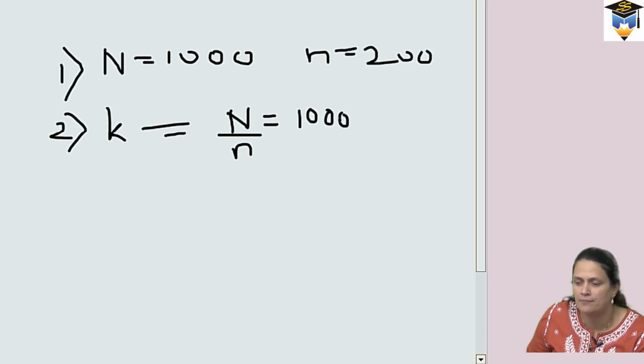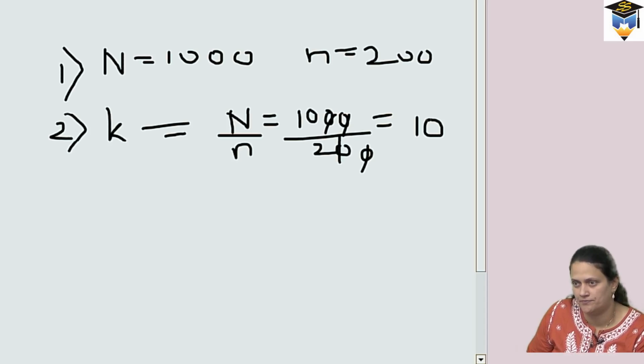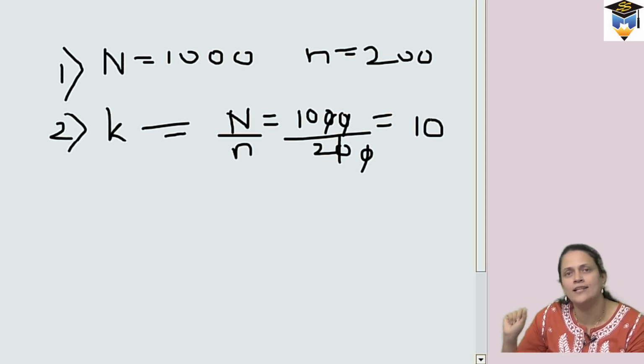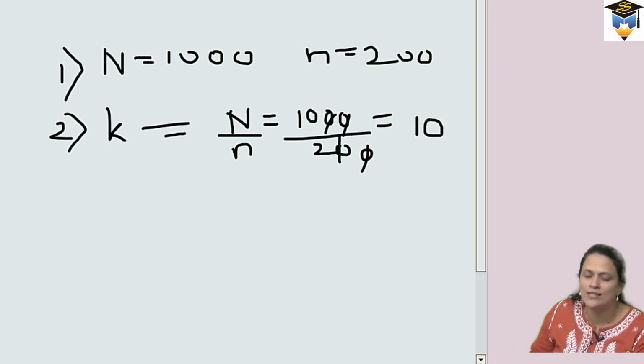Write this down. So this means you will select every 10th student.